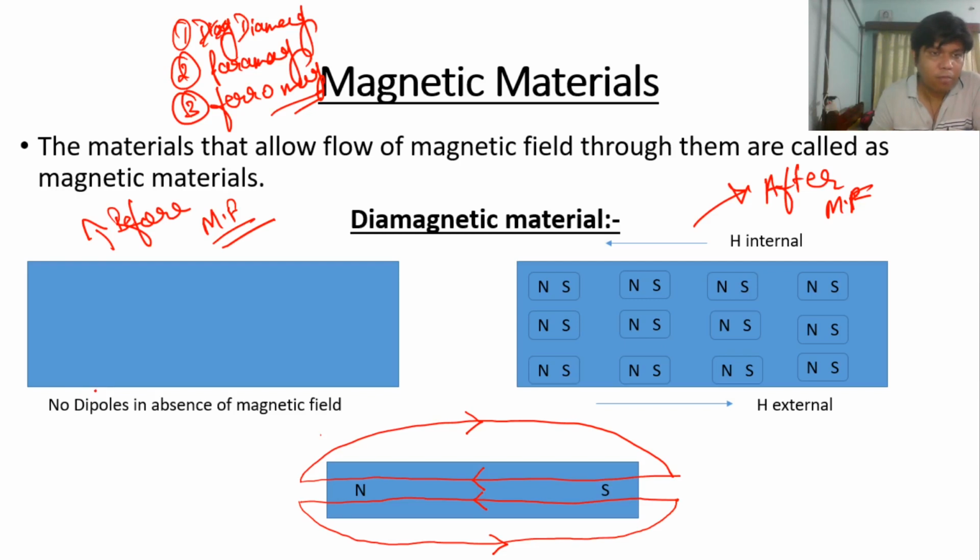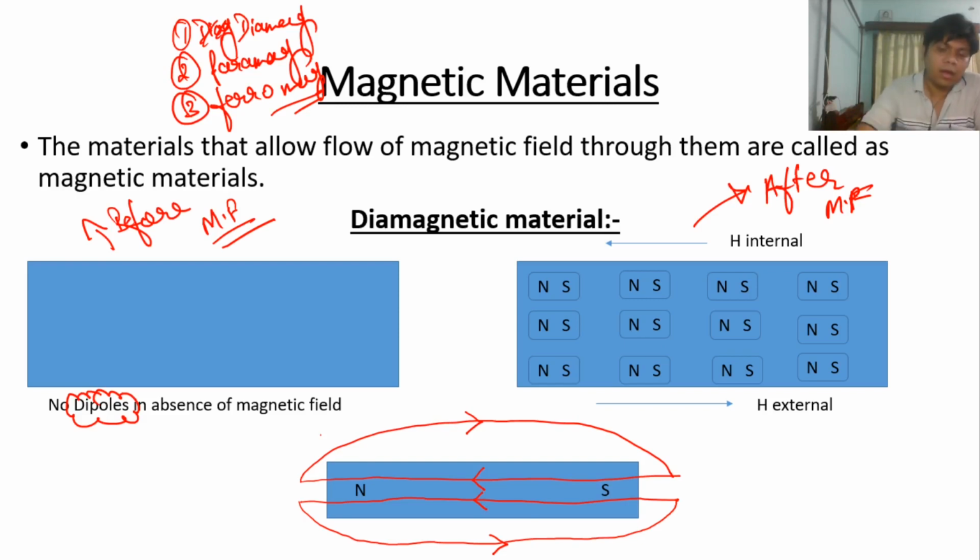Dipoles means the pair of magnetic poles like north and south pole. And when we apply the external magnetic field, the dipoles will align through the material. As you can see on your screen, the bar magnet is shown here. The bar magnet is where the magnetic lines of force travel from north pole to south pole.